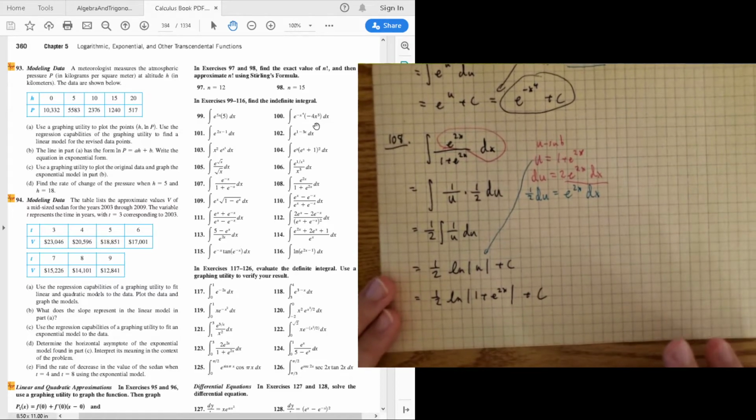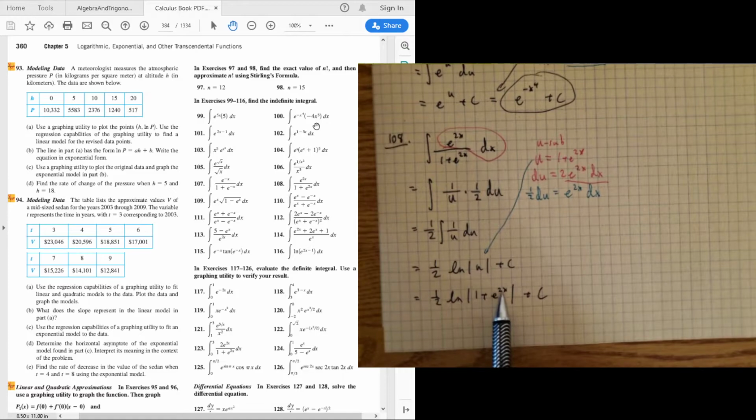Now, a couple things here. First thing to point out. One, we could move the 1/2 to the inside as a power. That's the property of natural logs, but I'm not going to. It's just not necessary. Two, this absolute value doesn't matter for this problem, although it is correct. 1 is a constant that's always positive.